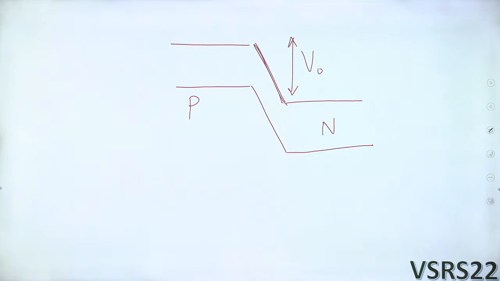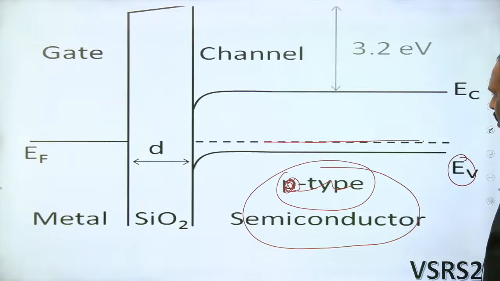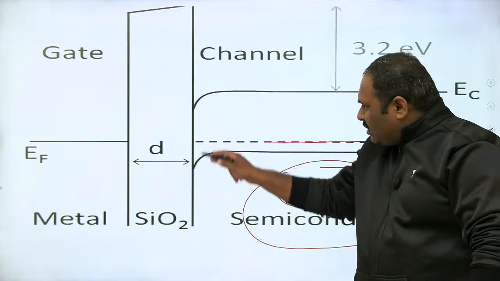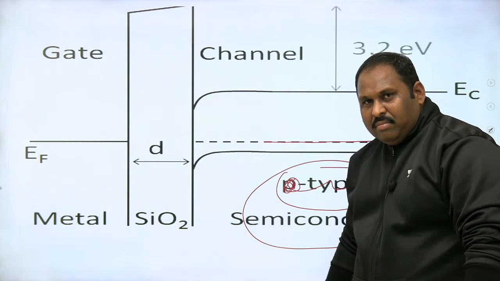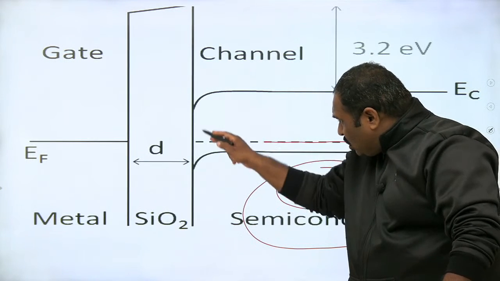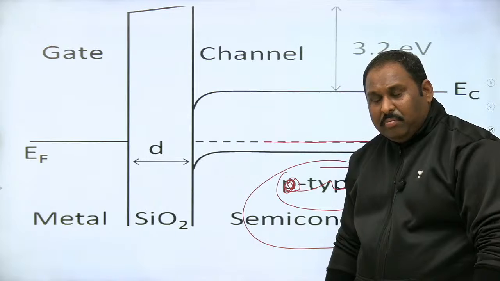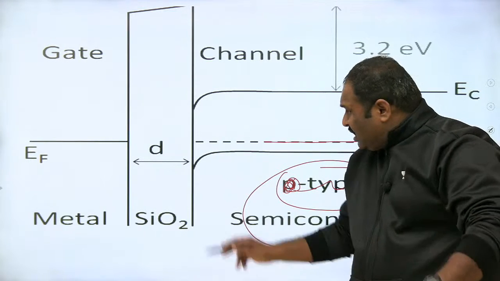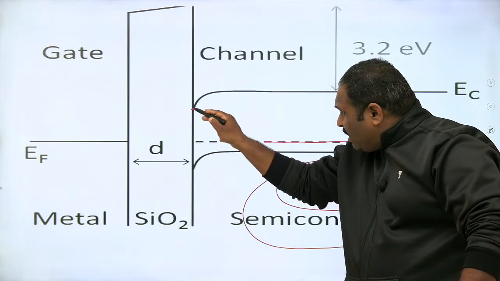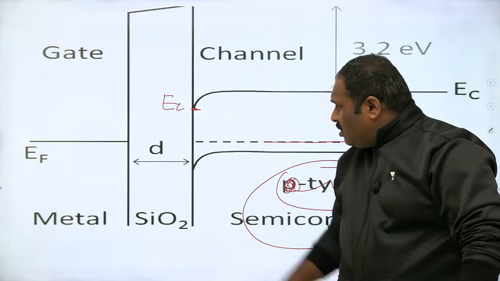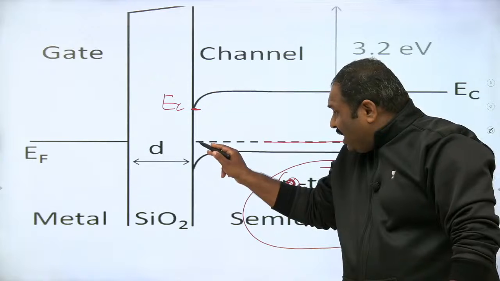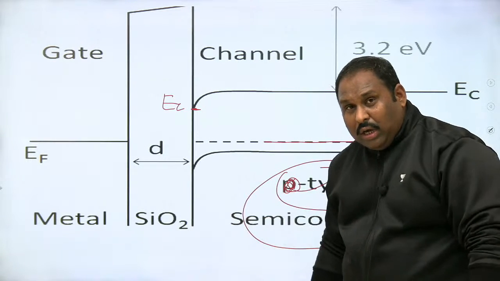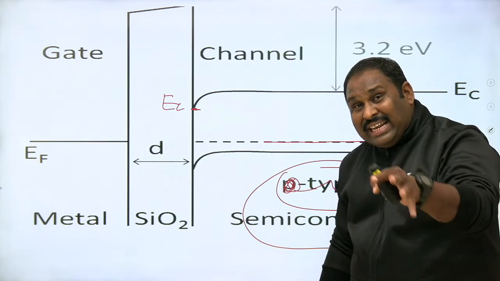I'm just coming to your doubt. What you notice here is electrons coming and accumulating. So therefore there is a reduction in your energy levels. But did it come close to the conduction band? No. If the Fermi level had come close to the conduction band, then an N channel is formed.